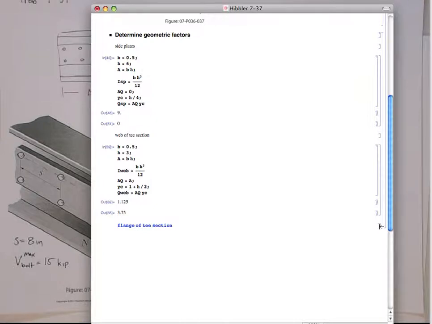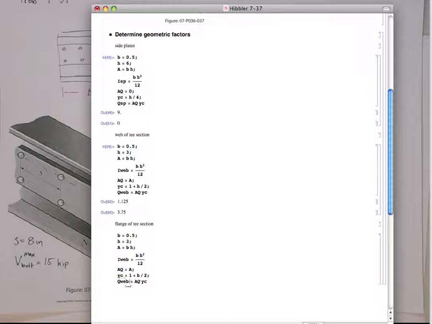Let's make it text. We'll use the same equations here. We'll edit them though. So this is going to be the Q of the flange and the I of the flange now.